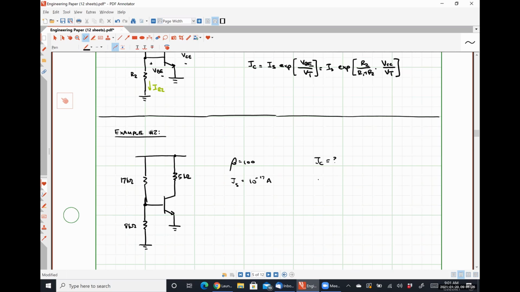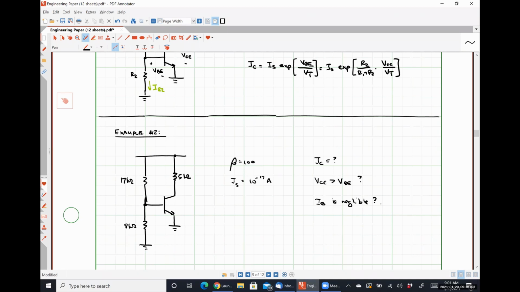We want to make sure that VCE is greater than VBE, meaning does it operate in the forward active region? And also we want to make sure that our assumption that IB is negligible is true. Because if it isn't, we're going to have to adapt that, and that's what we're going to talk about next.